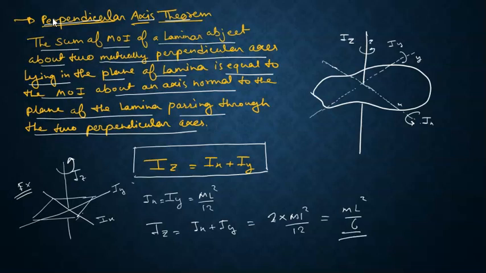So this is the value of the moment of inertia if we rotate this square lamina about the z-axis perpendicular to its center. And this is what this theorem says.